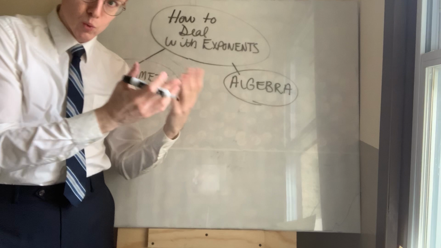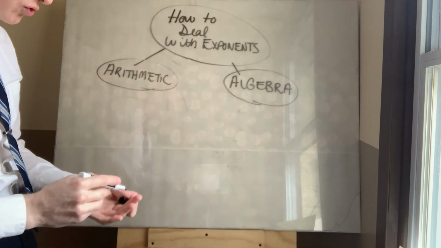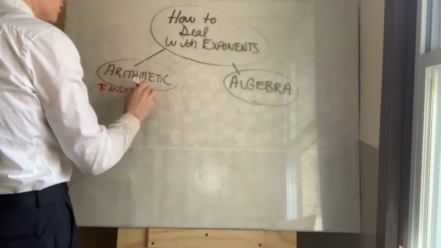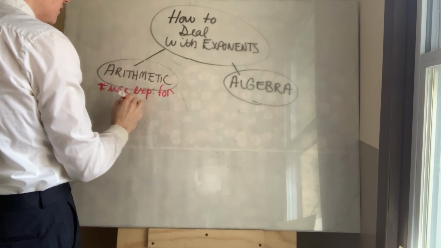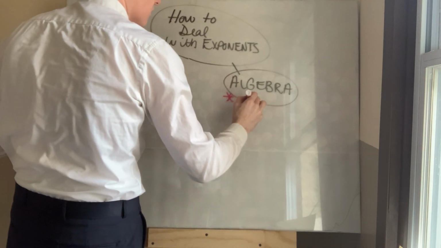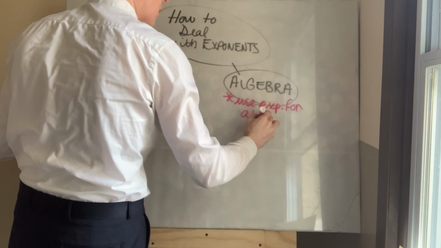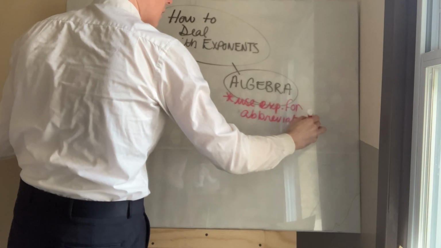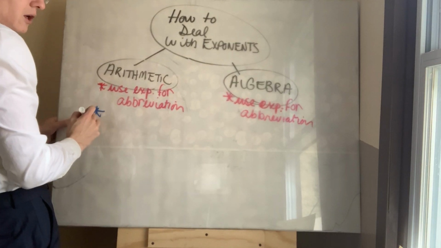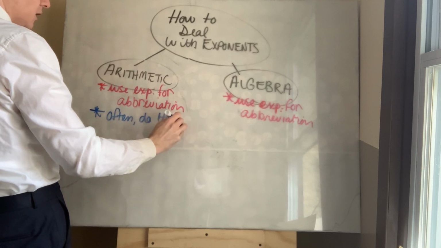Whereas in arithmetic you have actual numbers to work with, so if you can do the multiplication, you really do. You still use exponents for abbreviation in both instances. But in the case of arithmetic, not always, but often, you do the actual multiplication involved.